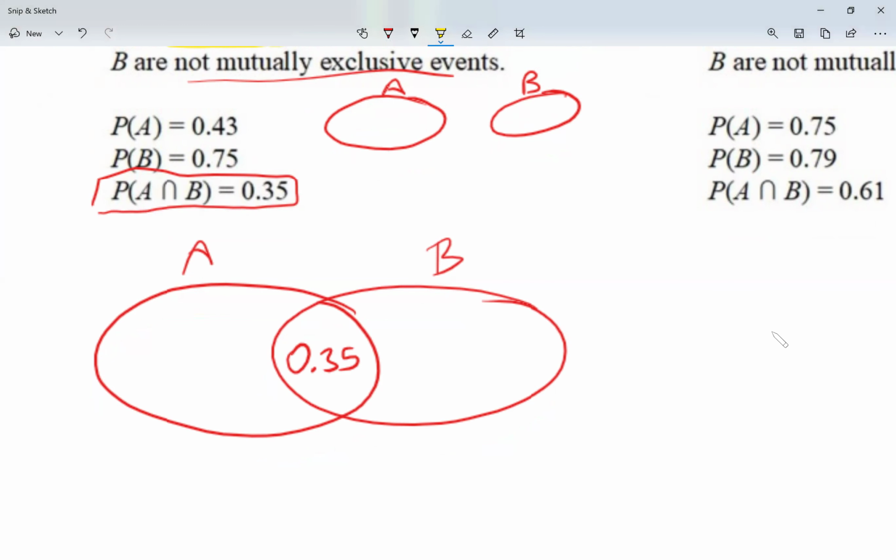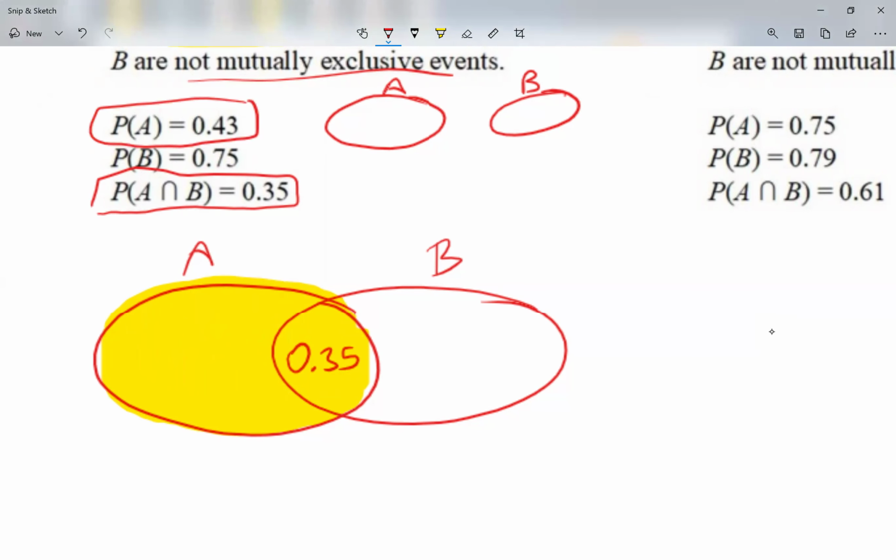Now, when I look at probability A, I'm looking at this whole circle that is A. If you notice, it's two sections, right? 0.35 is part of it. But for probability A, the whole thing is 0.43. I'm going to say the other part is 0.08 because 0.08 plus 0.35 equals 0.43.